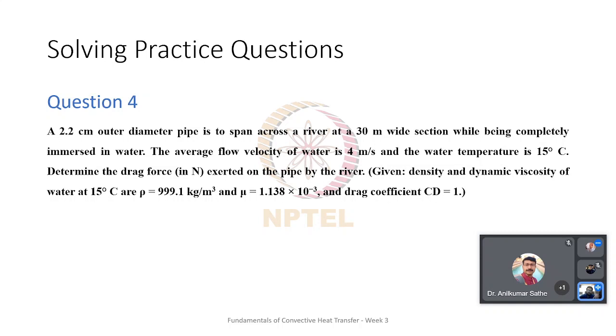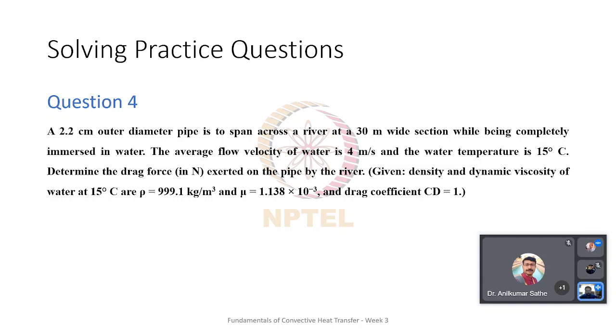Now what do we have to determine? We have to determine the drag force in Newtons exerted on the pipe by the river. There are some given quantities as well, like density and dynamic viscosity of water at 15 degrees Celsius, rho and mu, and the drag coefficient CD is also given to be equal to 1.